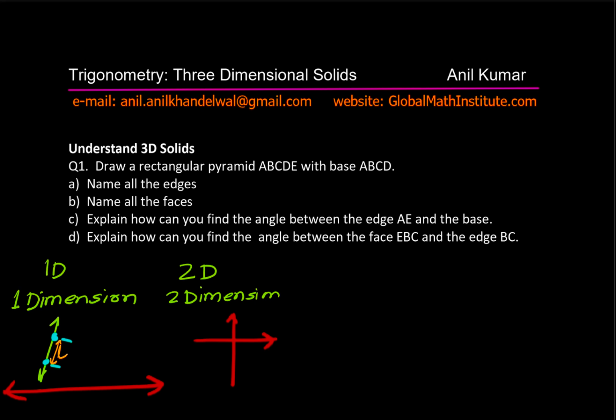And also, we could make 2D figures, which are kind of rectangle, correct? So in two dimensions, I could have length and width, for example. So I could pick something like this and say this is my rectangle whose dimensions are length L and width W. So we get two dimensions here, length and width.